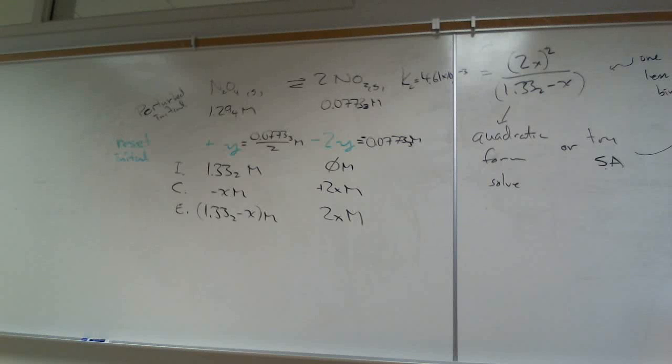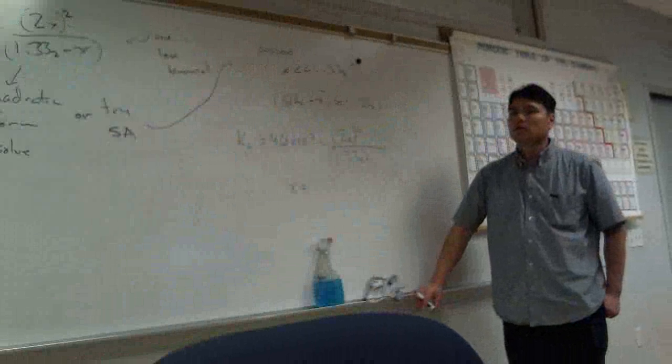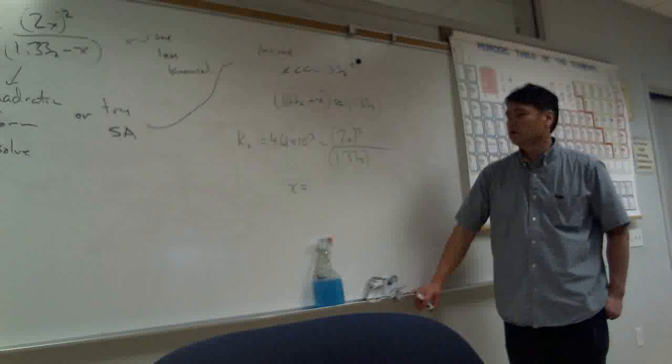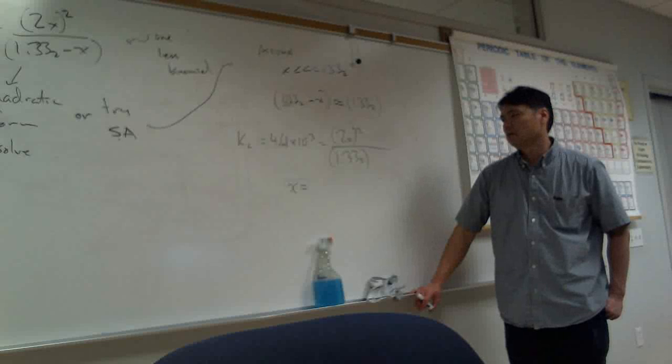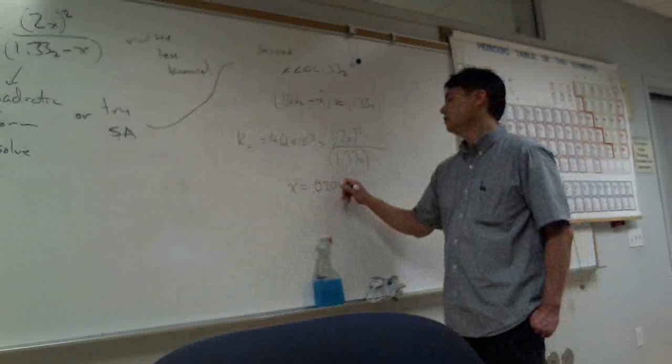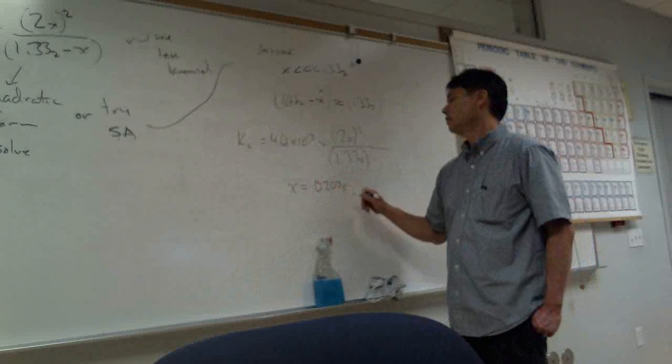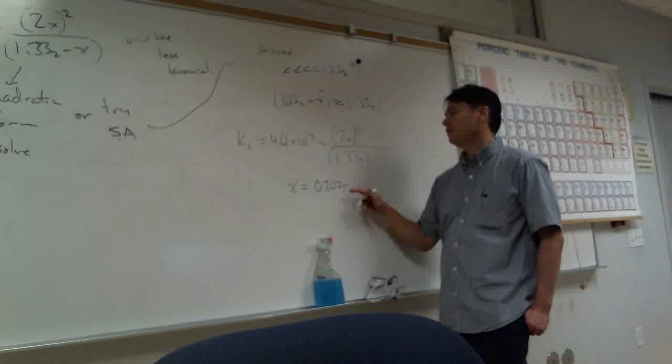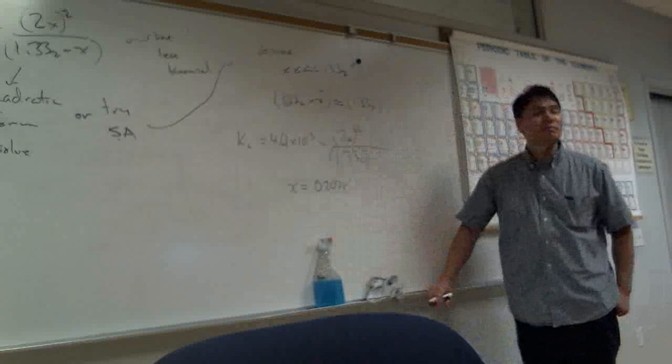And what does x come out to? 0.2075. We're only allowed 3 sig figs, so we'll just go 0.2075.